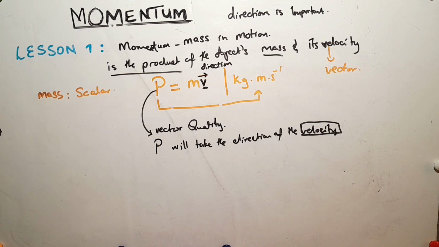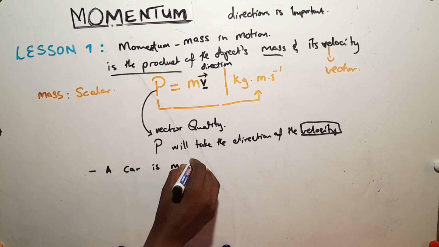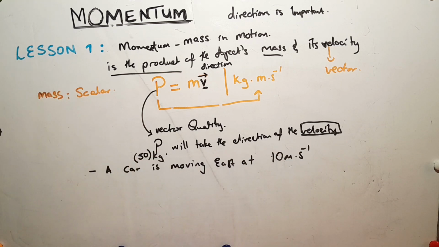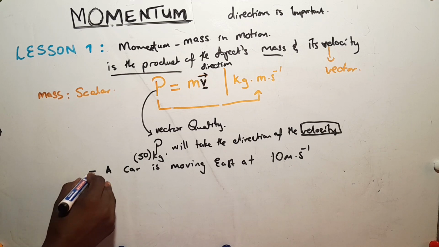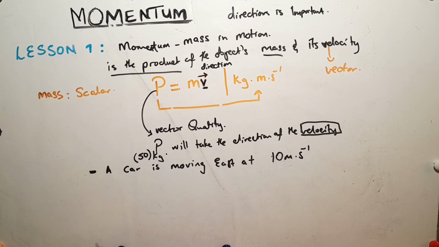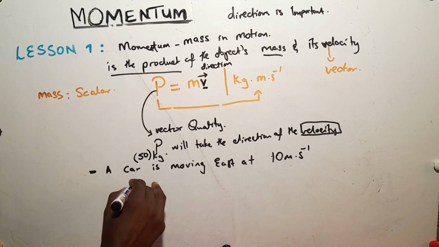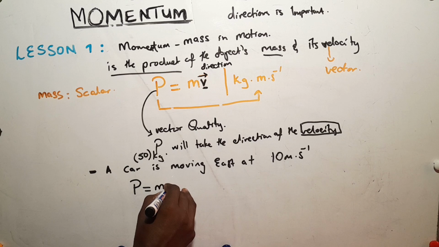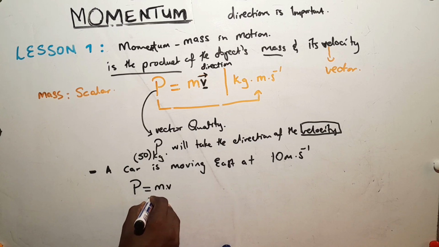Now how do we calculate momentum? Suppose we have an example: a 50 kg car is moving east at 10 meters per second. Momentum of this car is mass multiplied by velocity.